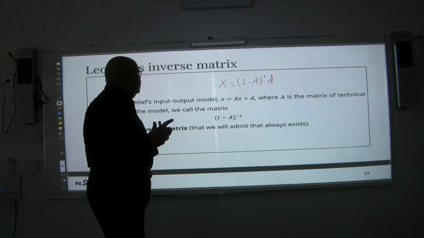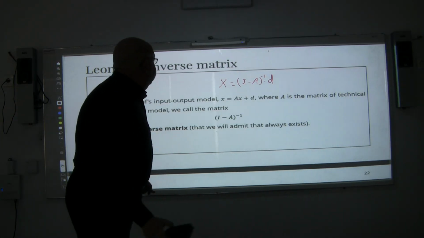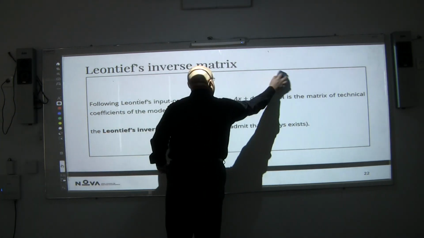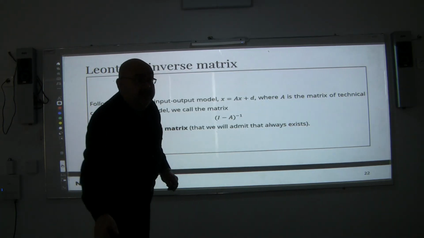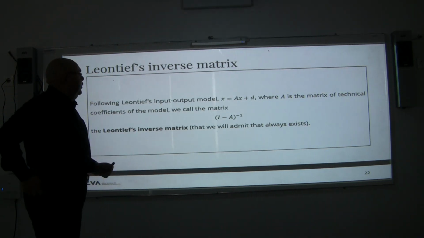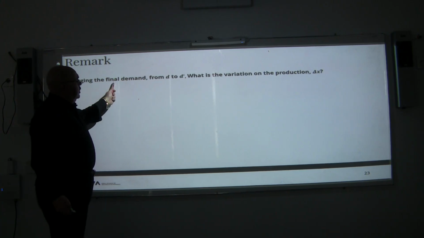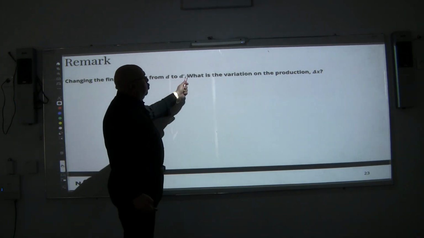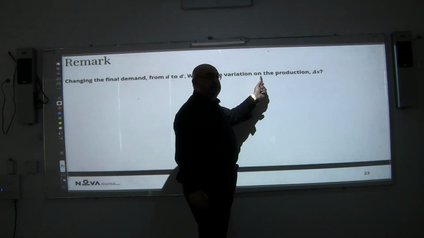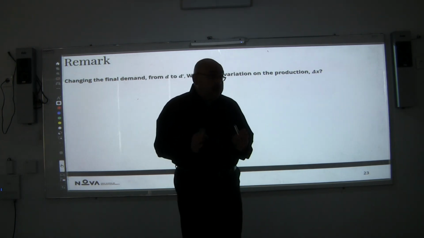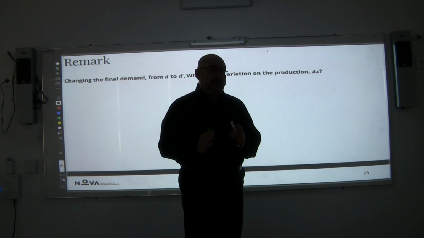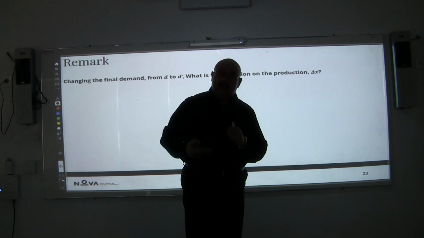Very good, and it's really very easy to prove or to find this value. Once more, changing the final demand from D to D dash, what is the variation in the production, delta X? This usually happens in the markets.